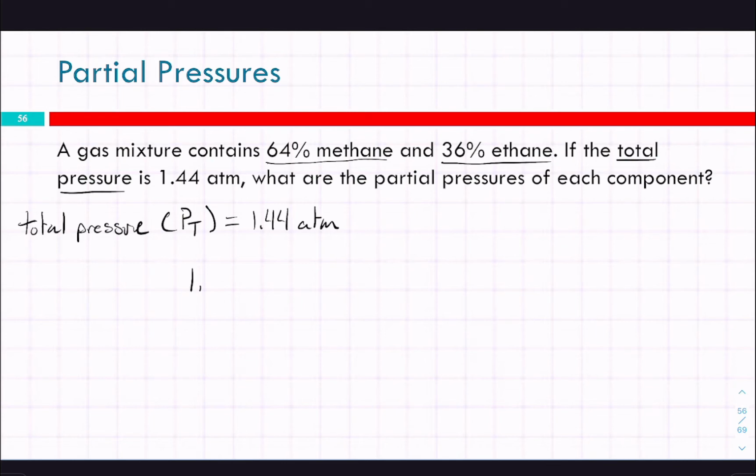We'll take our total pressure of 1.44 atmospheres and multiply by the fractional composition of each. So it'll be 64 divided by 100. 1.44 times 64 divided by 100 will give us 0.922. What units are our partial pressure going to be in?